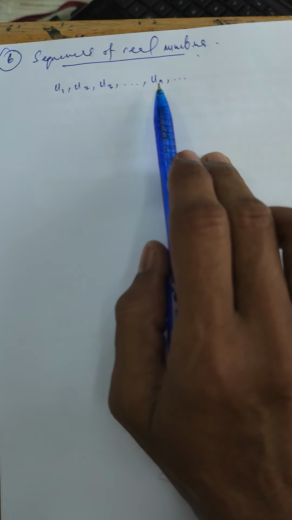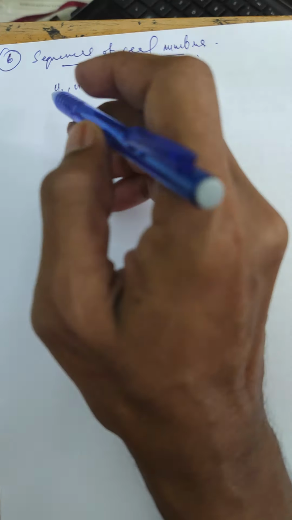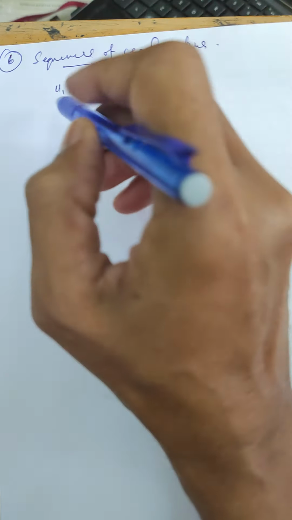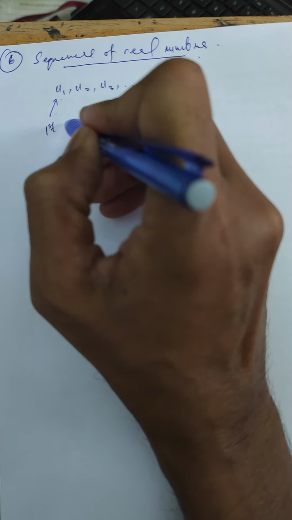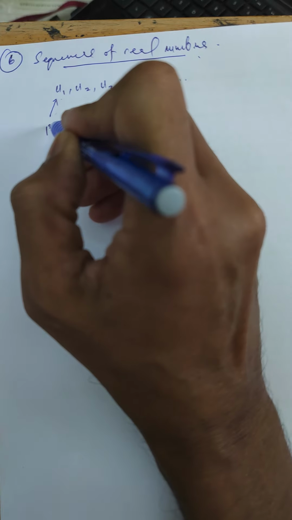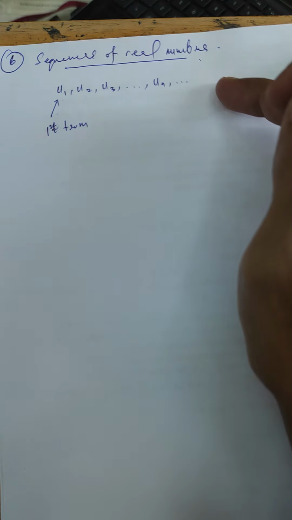And for the infinite sequence, we denote it like this. Let me write this: this is the first term, the second term, and so on.